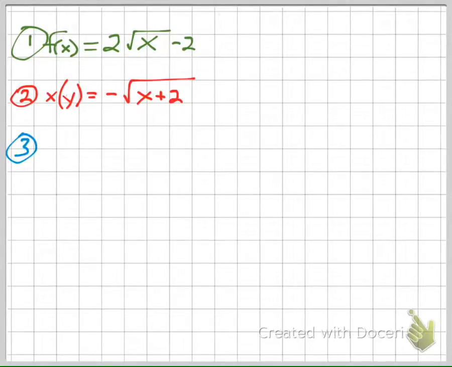Number 3, g of b is 1/3 times the value of x minus 1 minus 1.